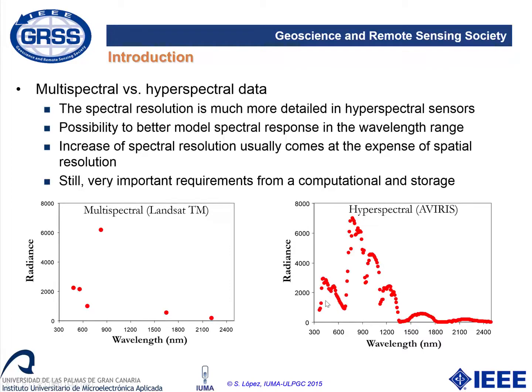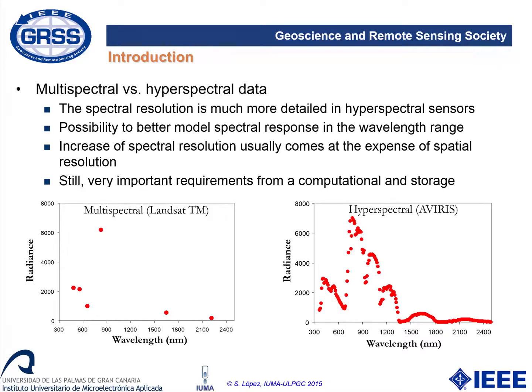On the contrary, if we take the same image with a hyperspectral sensor, we get much more information, which is signaled with these dots here. And as you can see, in some parts of the spectrum, this information is almost continuous. So this gives us the possibility of better modeling the spectral response in the wavelength range.